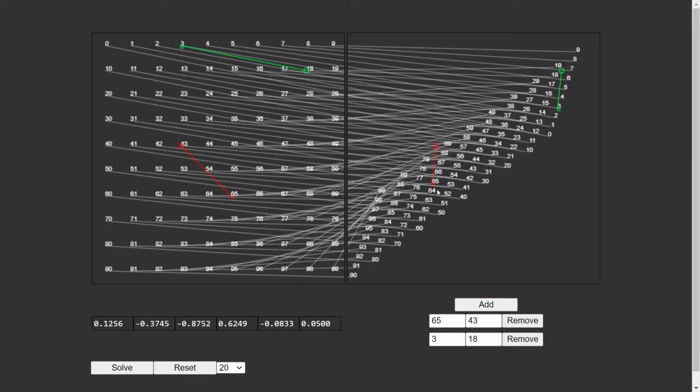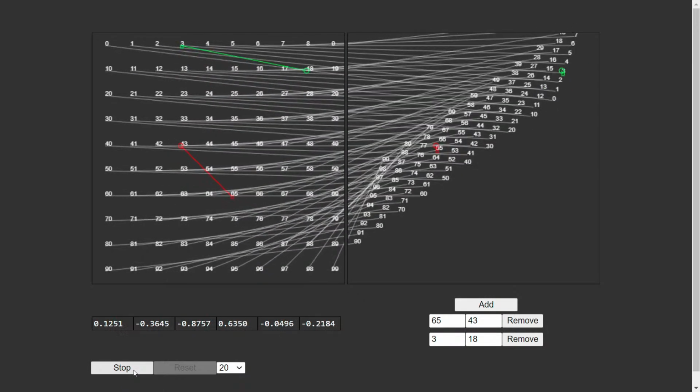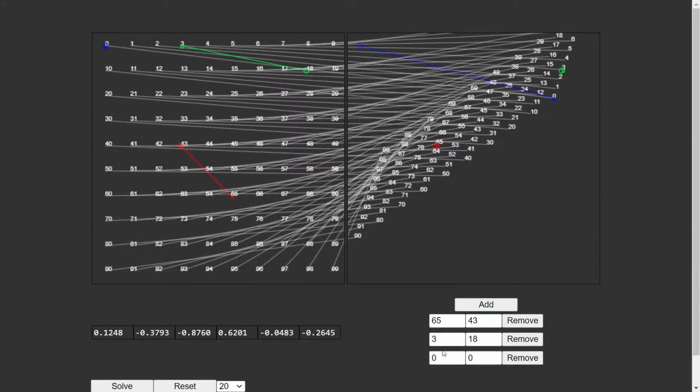So now it should be able to fit this, right? Let's run it. Oh, it fits it. Okay, so now we're going to add back that point such that it could not fit it. Okay, 34, 75. So why?